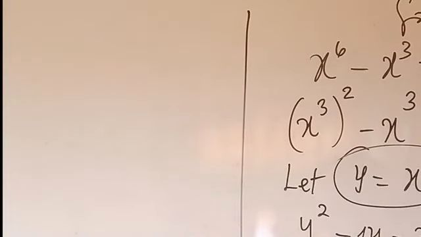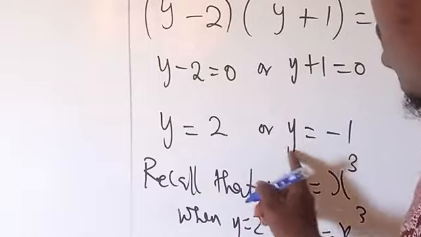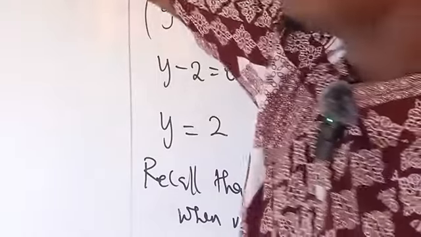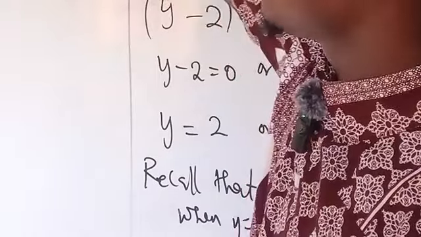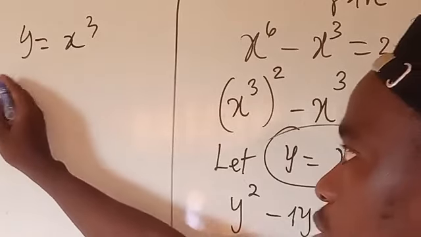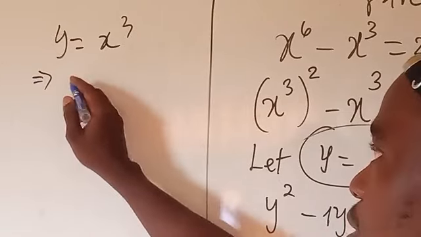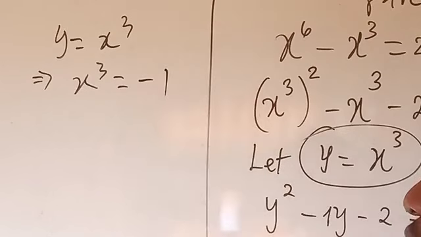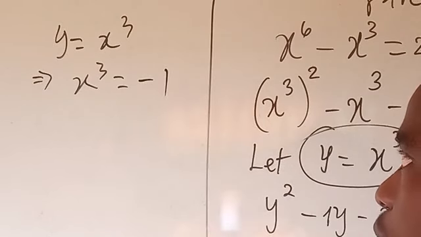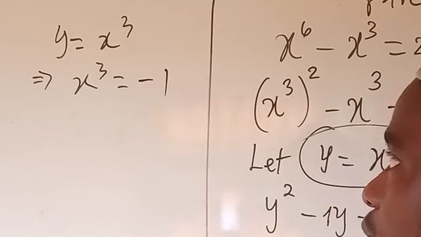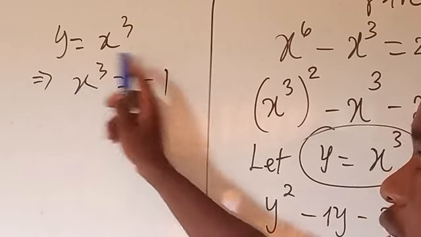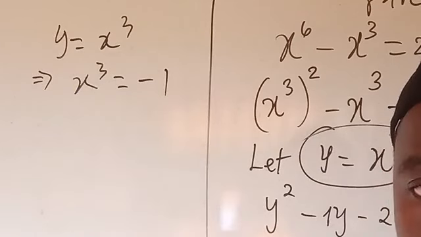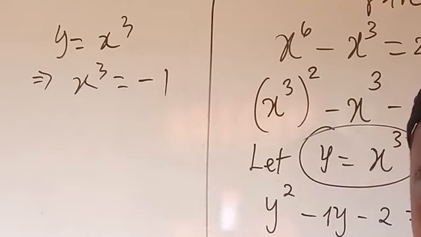When y equals minus 1, we recall that we have y equals x to the power of 3. So it also implies that x to the power of 3 is going to be minus 1. The next thing we're going to do is take the cube root of both sides.